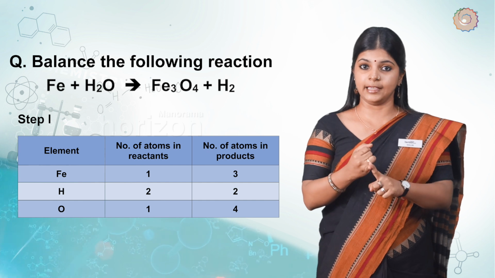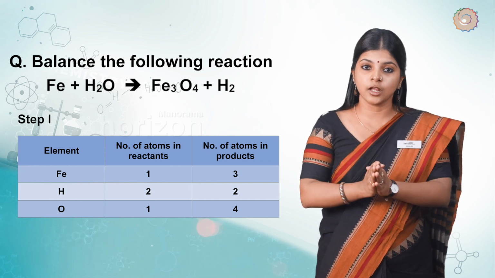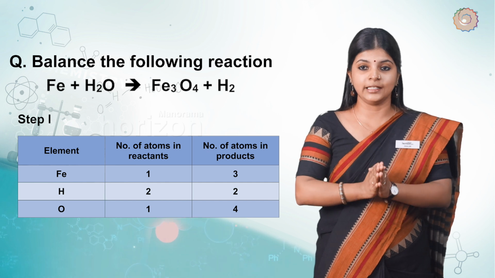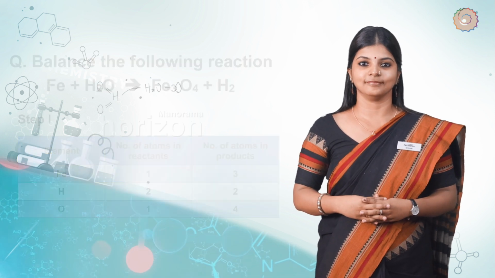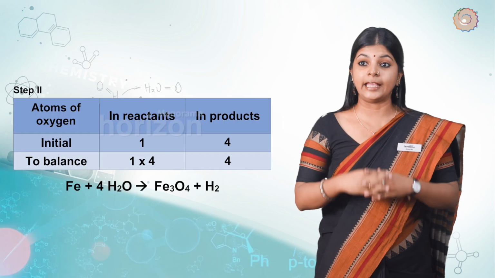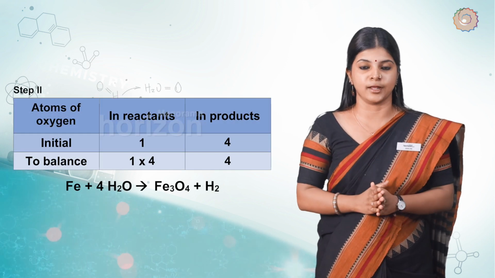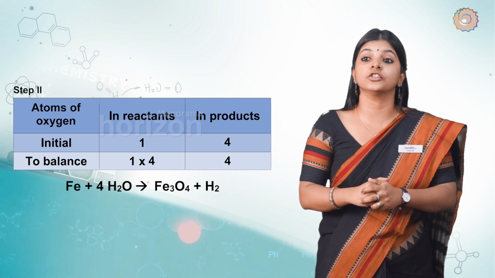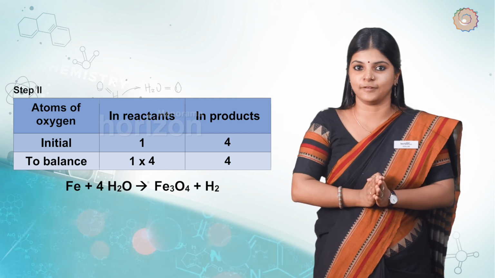Here we have Fe, hydrogen and oxygen. So we are going to note down the total number of atoms of all these elements on the reactant and the product side. Step number 2 is to balance the atom which is present in maximum number. In this equation, oxygen is present in maximum number, as you can see. So I am going to balance oxygen first.